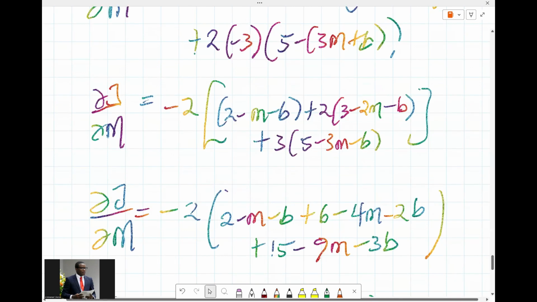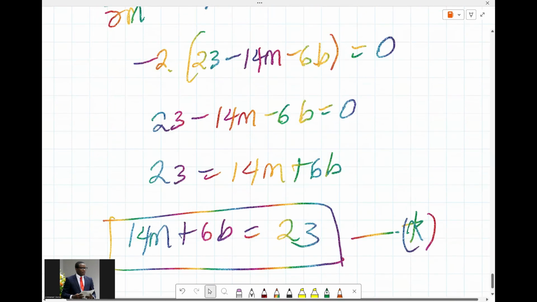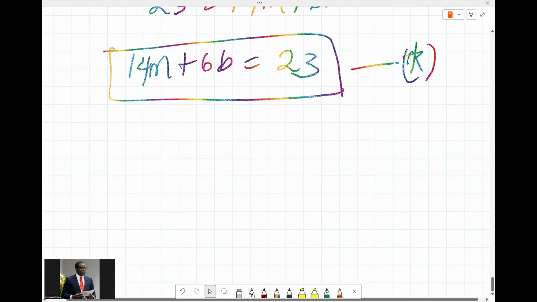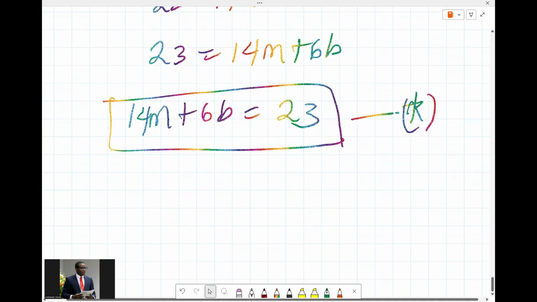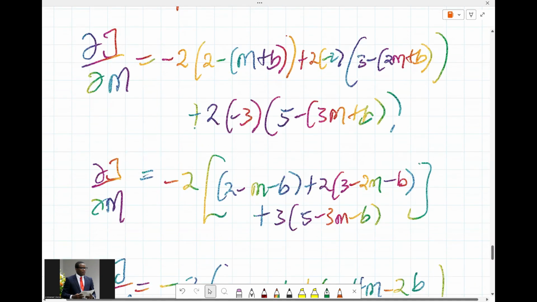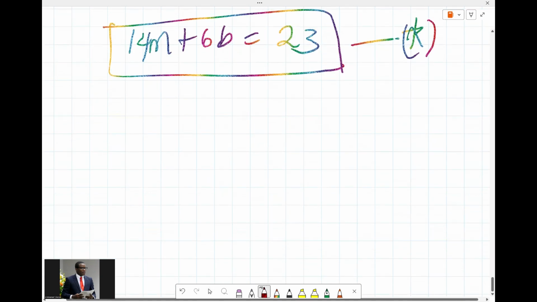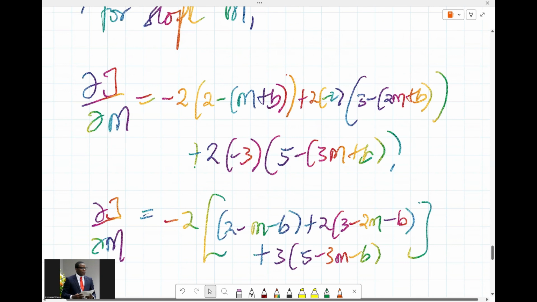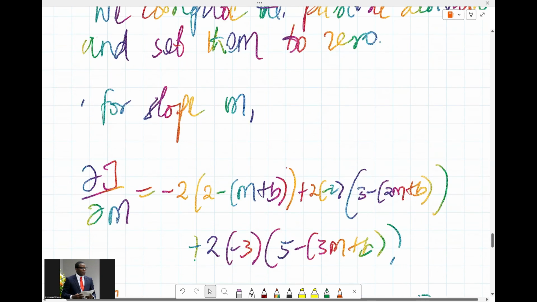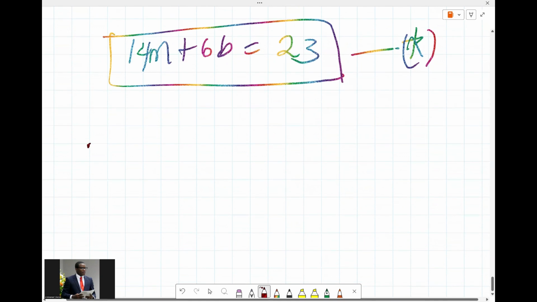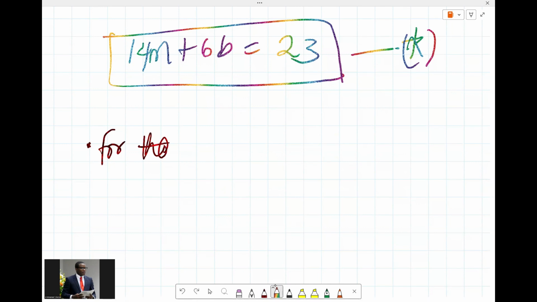So the next one is for slope b. No, this is for m, right? That's for slope m. Then we talk about the y-intercept b.